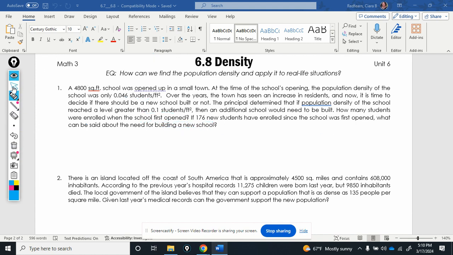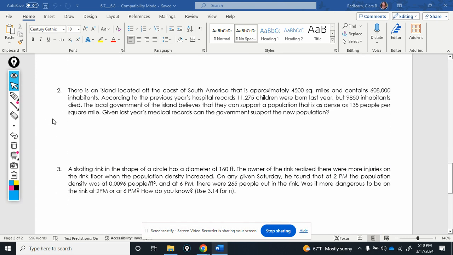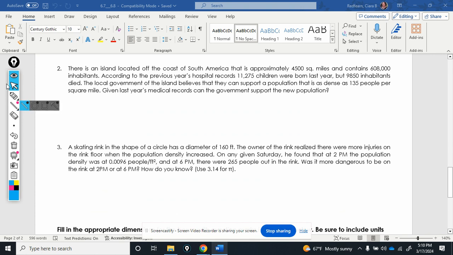Question number 2 is asking, there is an island located off the coast of South America that is approximately 4,500 square feet. We're going to underline 4,500 square feet, because that tells us how big the land is, and it contains 608,000 inhabitants.